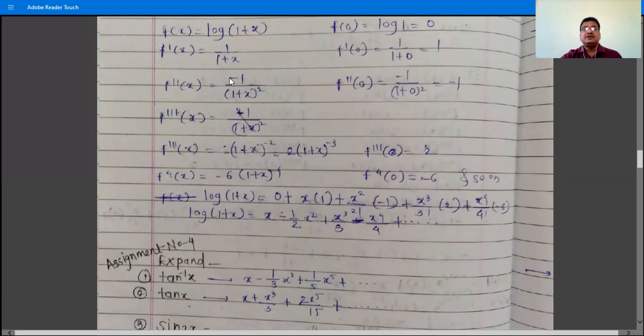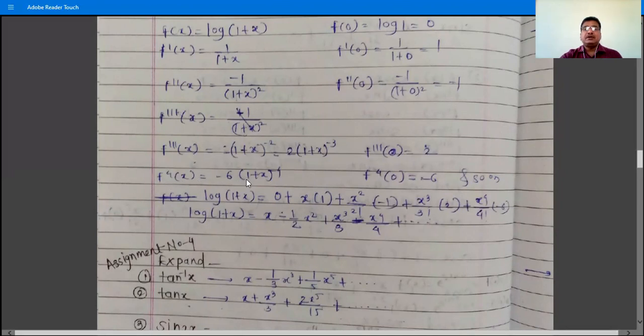So the derivative is 2 into 1 plus x raised to minus 3. And the value at 0 is 2, because 1 plus 0 raised to minus 3 is 1.